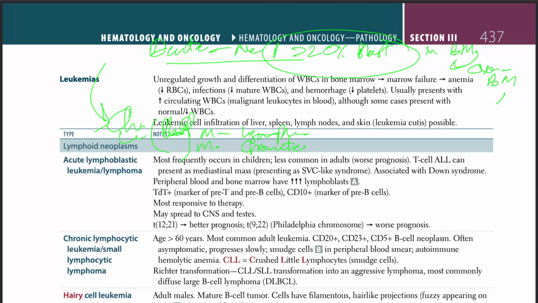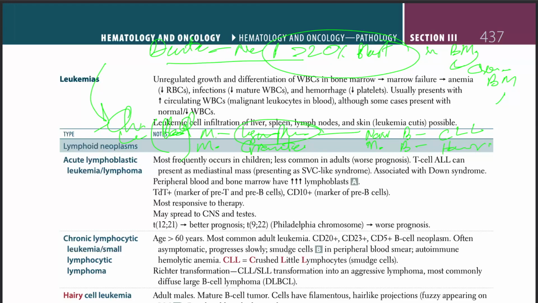If you were to differentiate them, in the lymphocytes we have the B cells and the T cells. Either we will have naive B cell leukemia, which is going to be called CLL, chronic lymphocytic leukemia. You can have mature B cell leukemia, which is going to be called hairy cell leukemia.